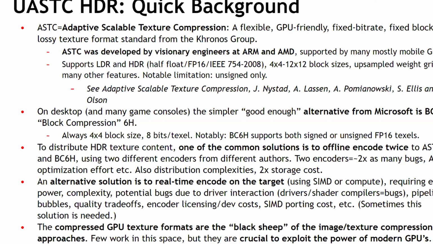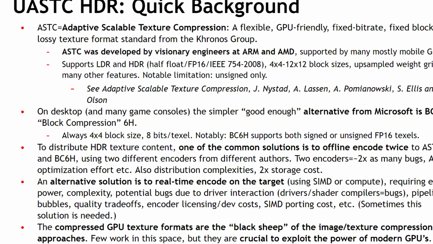ASTC was developed by amazingly visionary engineers at ARM and AMD quite a few years ago. ASTC supports LDR and HDR for tons of different block sizes, lots of different configurations, upsampling for the weight grids, a ton of features in there. It's a legendarily complex format.